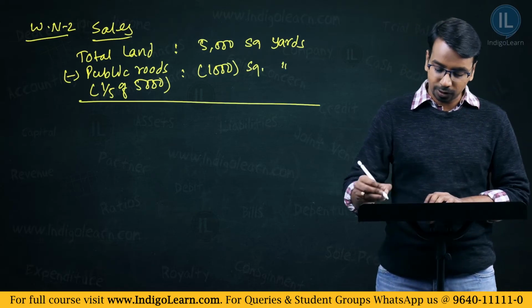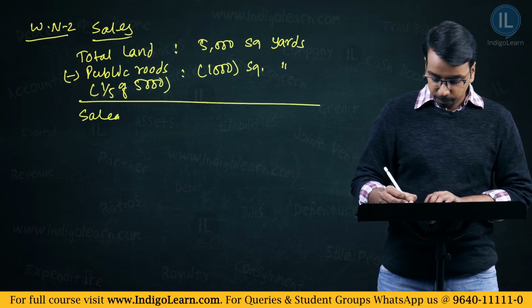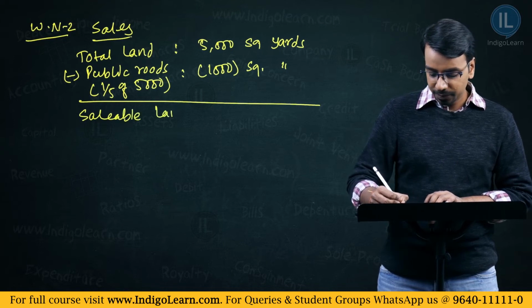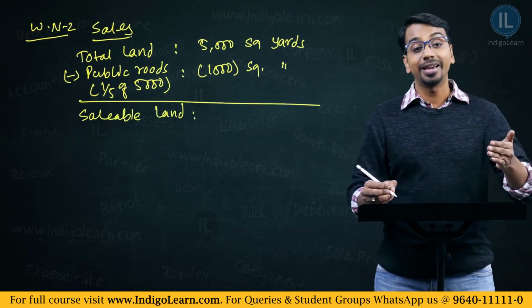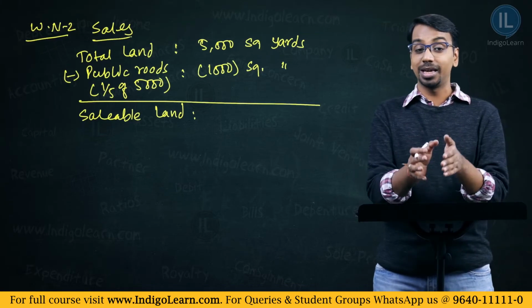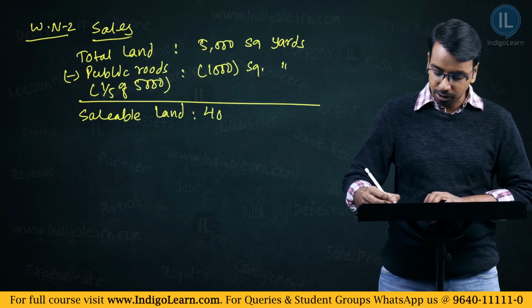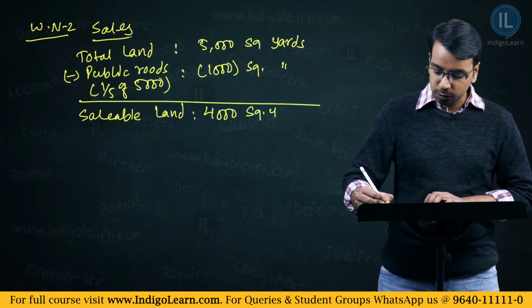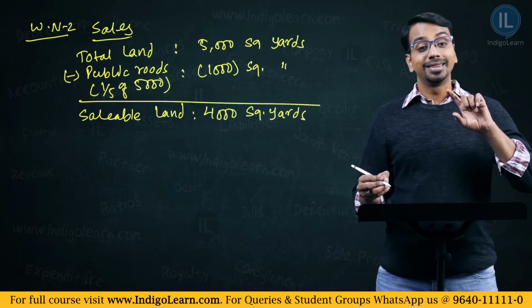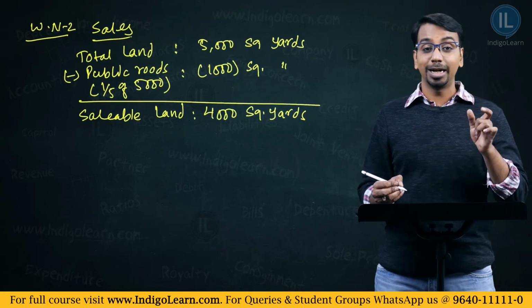What is the balance left out? Saleable land. How much is that? 5,000 minus 1,000, because what is there for public roads you cannot sell that. So 5,000 minus 1,000, 4,000 square yards. These were converted into 8 plots.